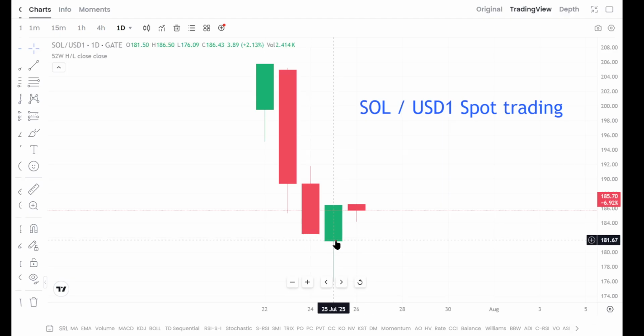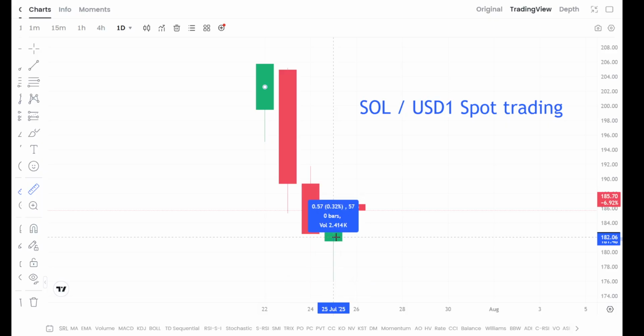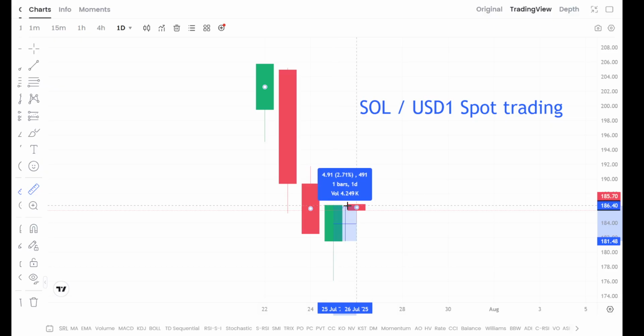On the next day, 25 July, the market price of Solana was opened at 181.48 USD1, and its market price went up and was closed at 186.4 USD1.